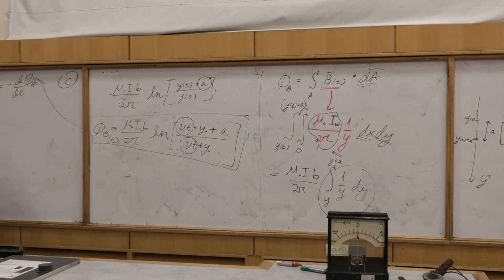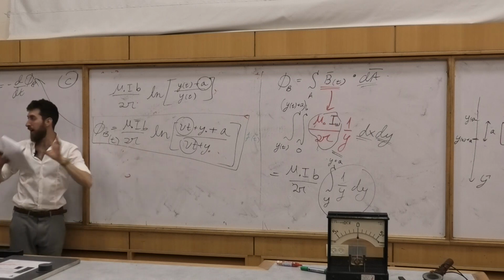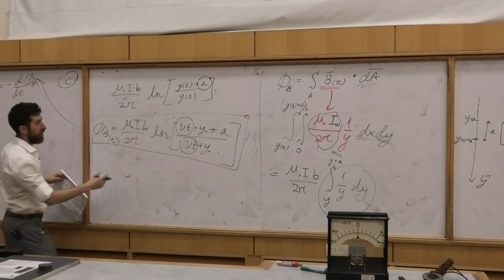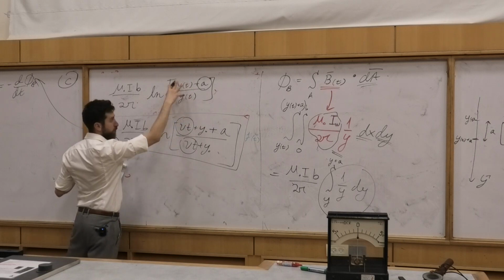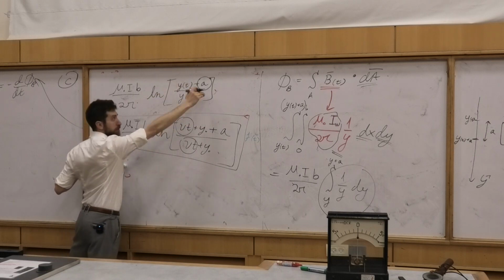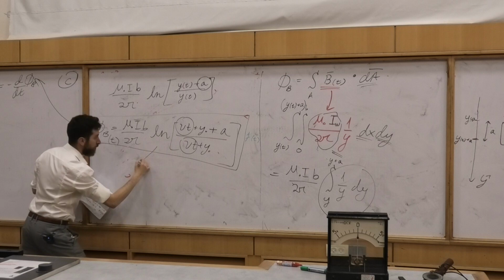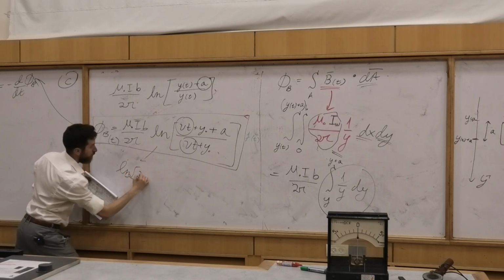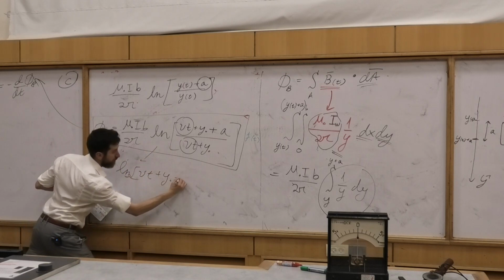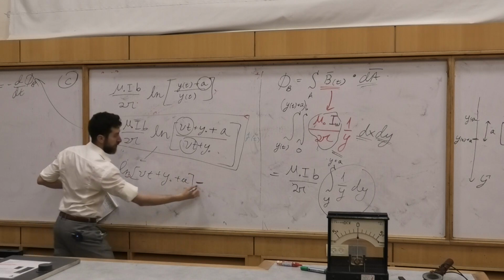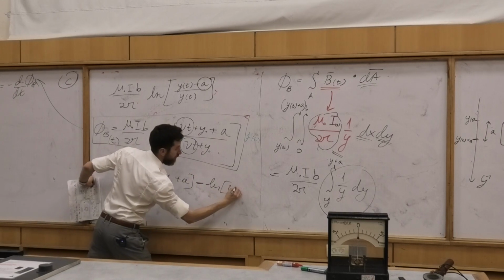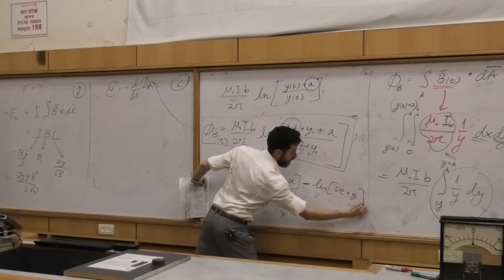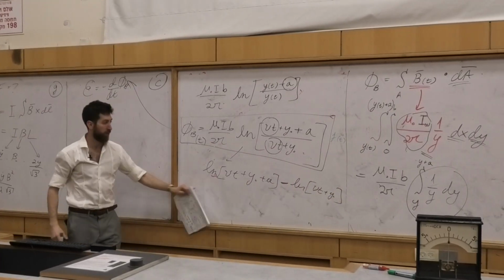And it's really easy to take this logarithm and separate it apart. What do I mean? Right now I have this minus that, a division inside the logarithm, so it's actually going to be easier to leave it open like that: ln of vt plus y naught plus a, minus ln of vt plus y naught. It's going to be easier to solve it that way.